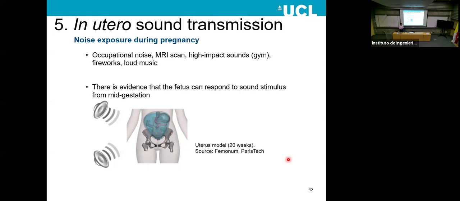And we all know that this can have a psychological impact on individuals, but there's also evidence of physiological impact during pregnancy. This can be occupational noise at work, for example, even in an MRI scanner, which is actually quite loud, or leisure noise such as at the gym, fireworks, loud music. Now, we know that from mid-gestation, the fetus can respond to sound stimulus.